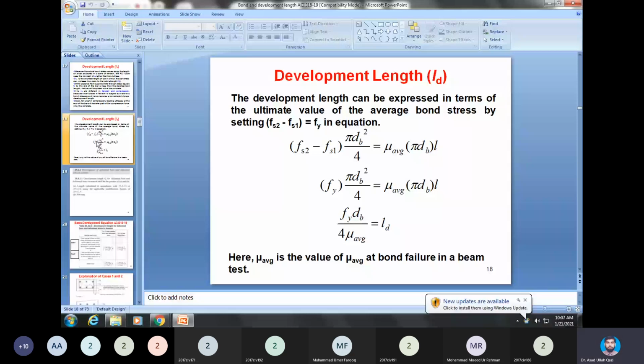You have a bar in which, at two sections, if you know the stresses, their difference, if you make them equal to Fy, so at one end of the bar the stress is 0 and at the other end it rises to Fy, then within this length, how much length is required to stress the bar from 0 to Fy, the minimum length required.